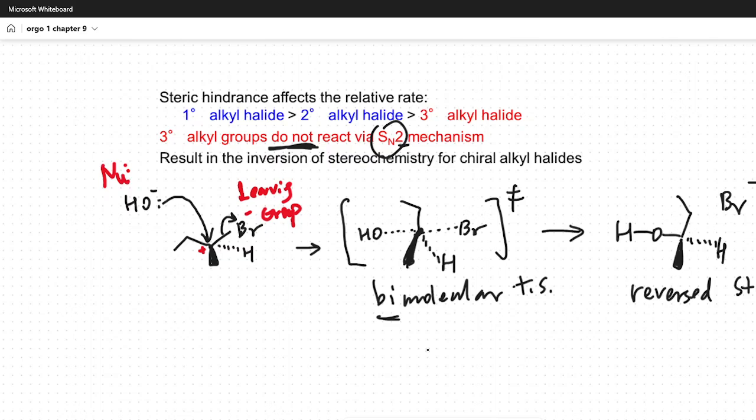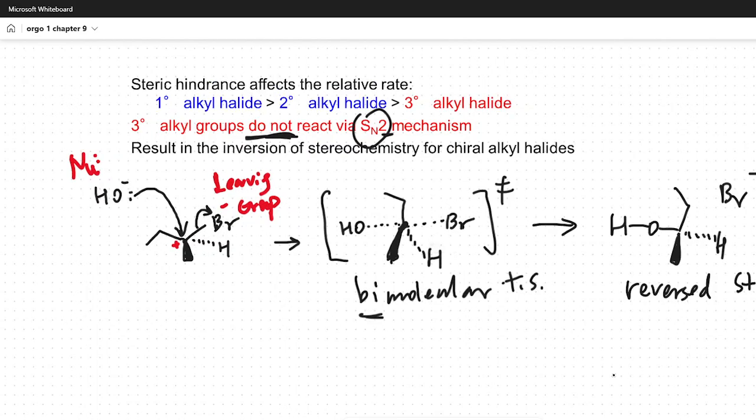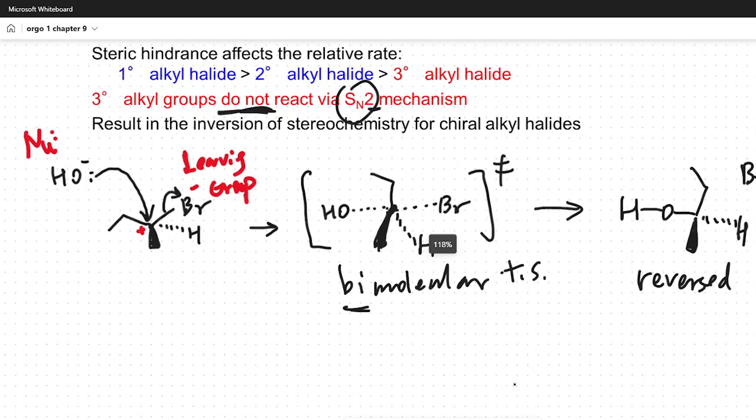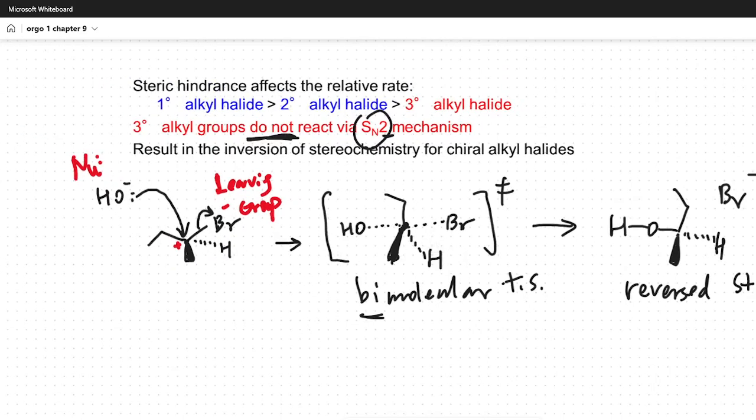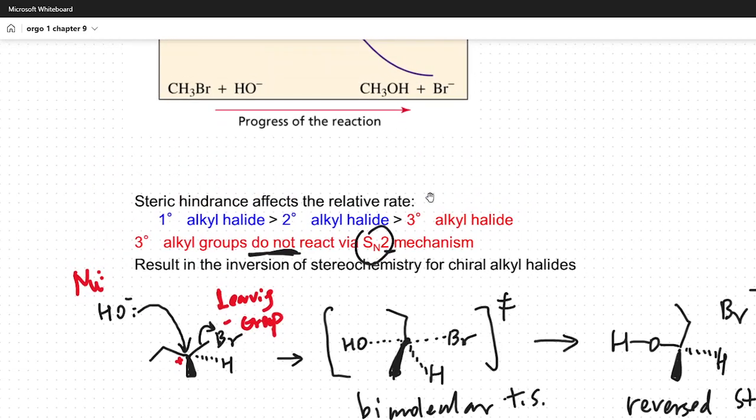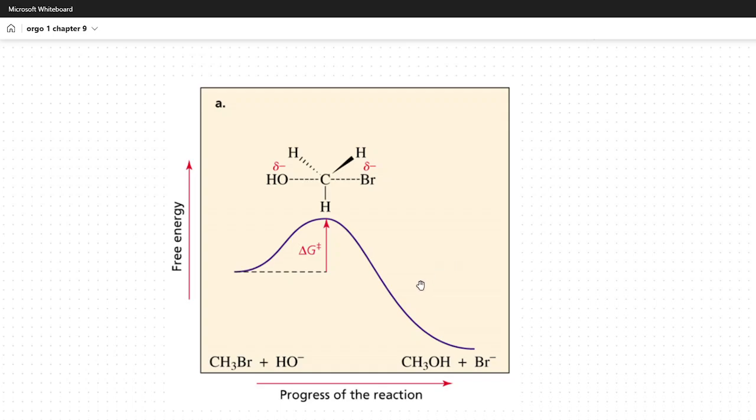Let's take a look at the energy diagram of this reaction. Now we start with an alkyl halide with hydroxide here, and end up having alcohol and a free halide down here as the product.